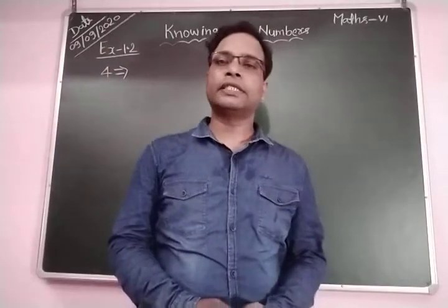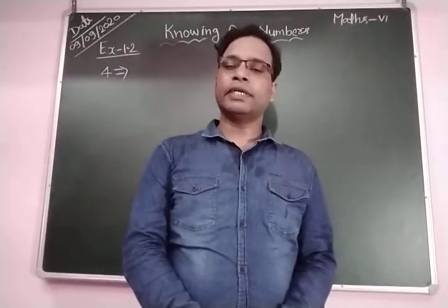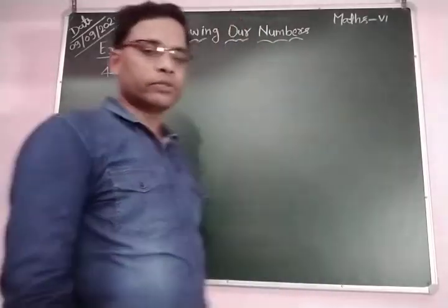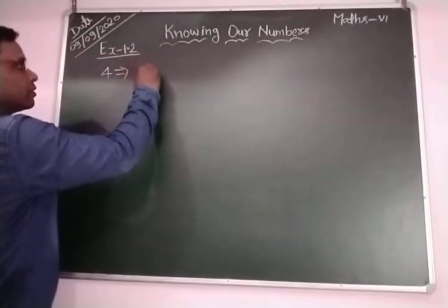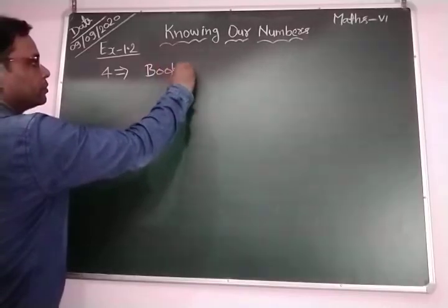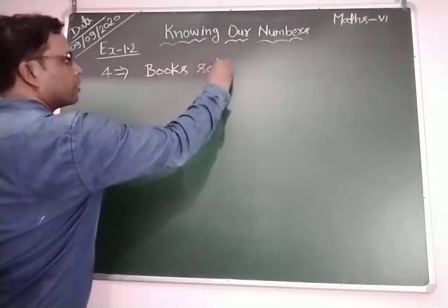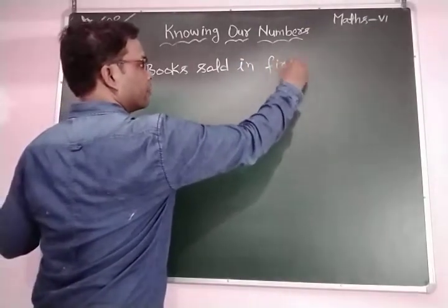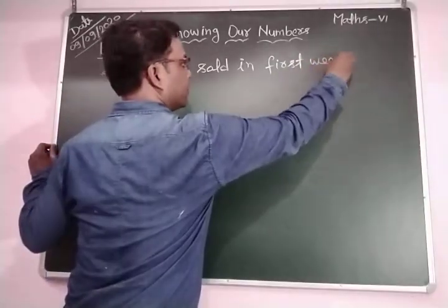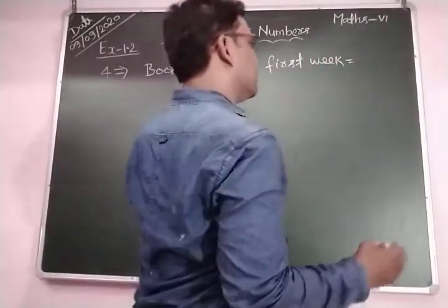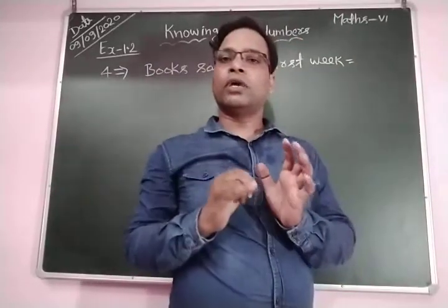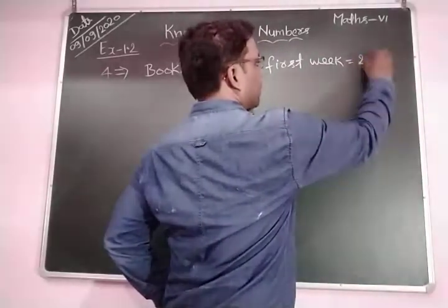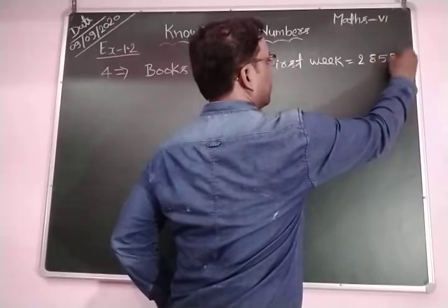In question number 4, it is given that the books sold in the first week is 2,85,891. So first we write: books sold in first week is equal to 2,85,891.